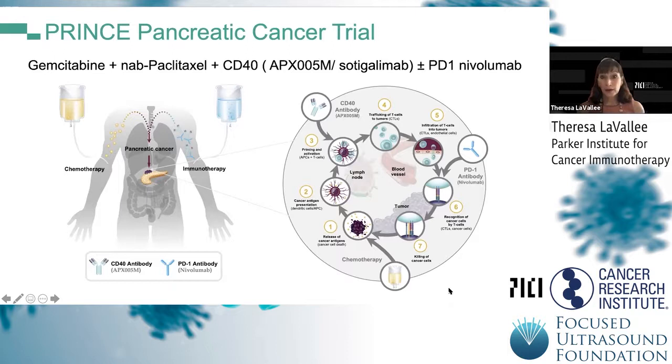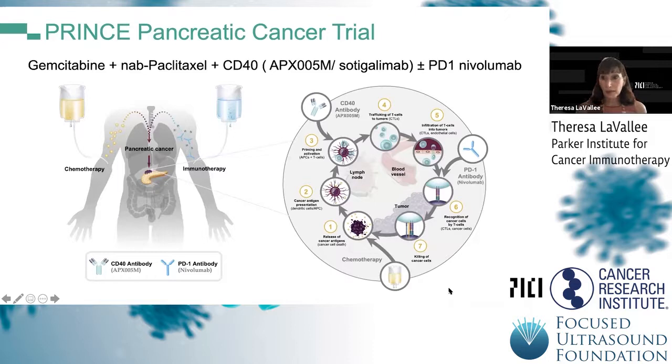And so the Parker Institute with the Cancer Research Institute set up this study, PRINCE, with our 7 centers to enroll a randomized phase 2 study that had 3 arms. So it had PD-1 plus chemotherapy, gemcitabine nab-paclitaxel, frontline pancreatic cancer, CD40 plus gemcitabine nab-paclitaxel chemotherapy, and then the 2 immunotherapies in combination with chemotherapy based on the preclinical work.